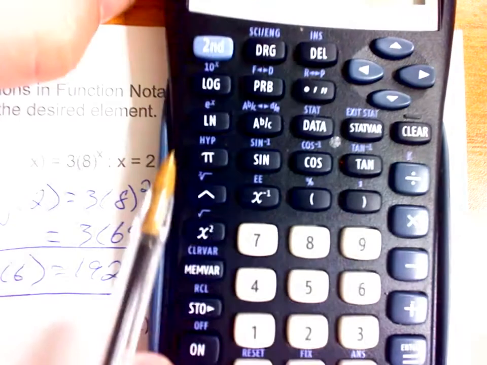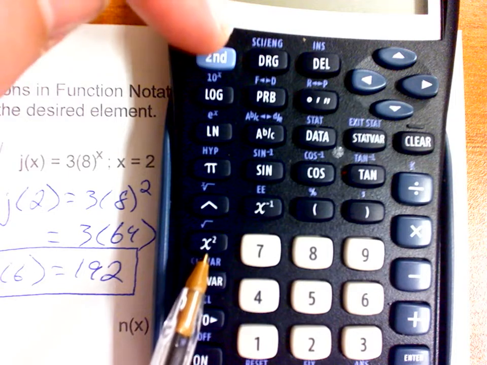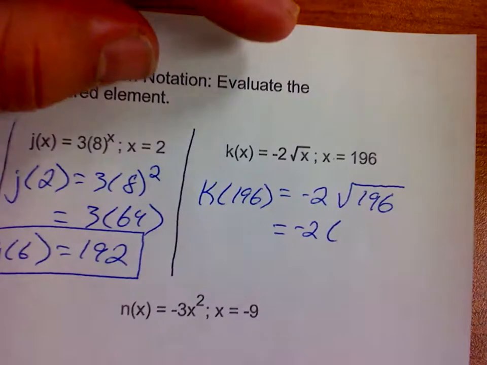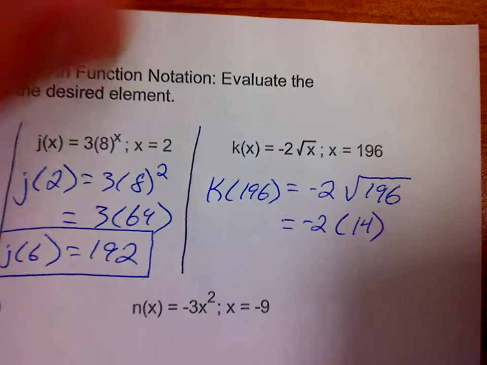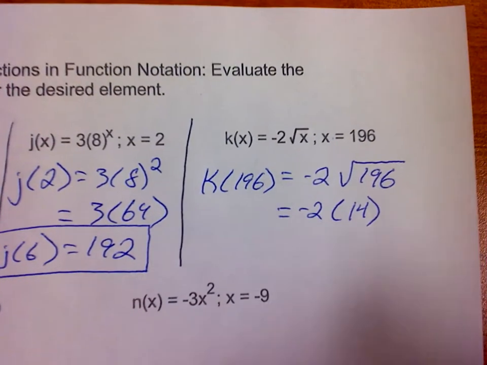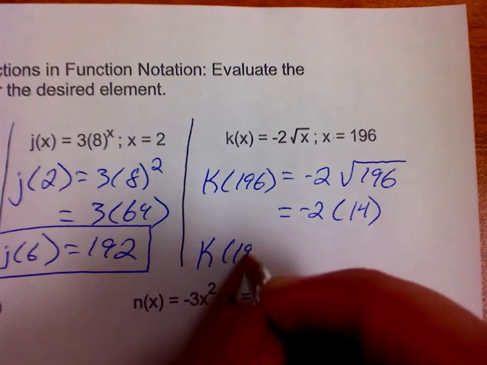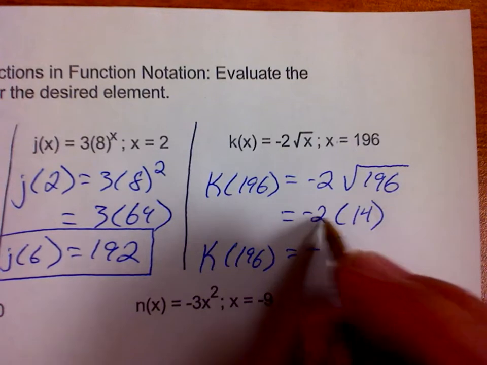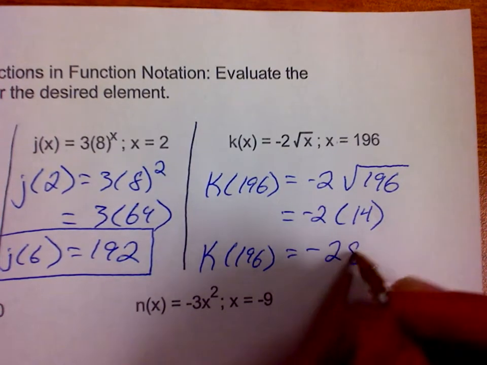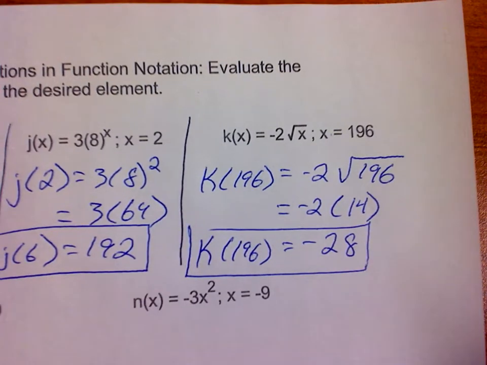To get the square root button, it is behind the x squared button. So we would have to hit second x squared. Now we hit second x squared of 196, or if we recall this, the square root of 196 is 14. Then we would go ahead and multiply here. So k of 196 is going to be equal to a negative times a positive is a negative. 2 times 14 is 28. So we end up with negative 28 for this given part.